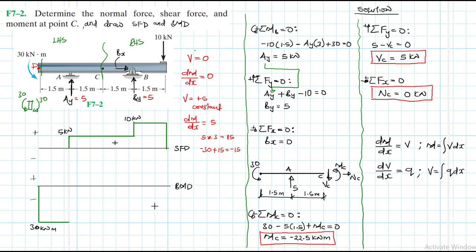So we expect this from this end here to move with a constant positive slope up to a value of minus 15, somewhere there like this.